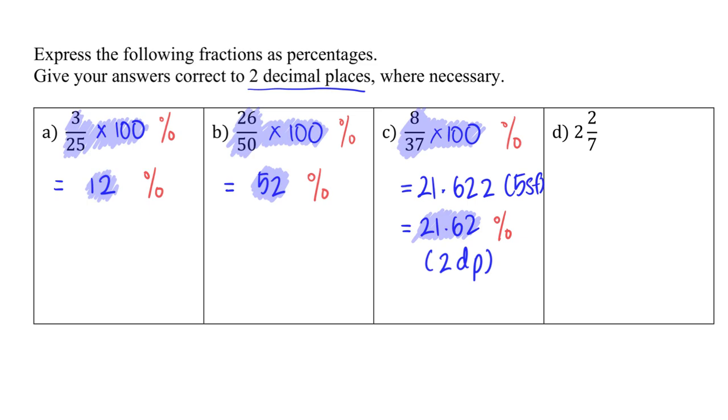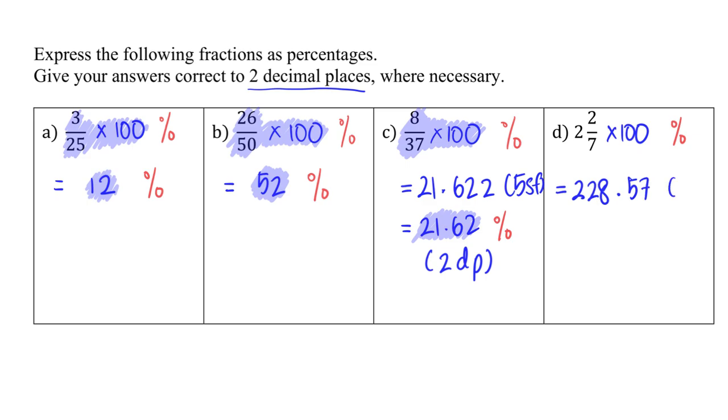Last but not least, the last fraction, 2/7 multiplied by 100%. This will give me a value of 228.57 when I do it.